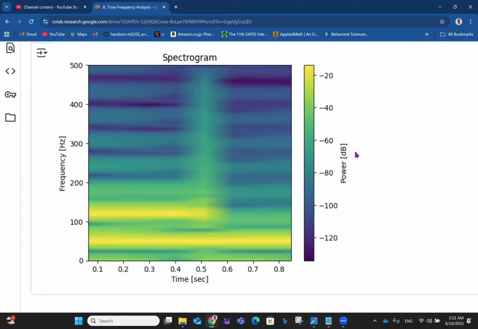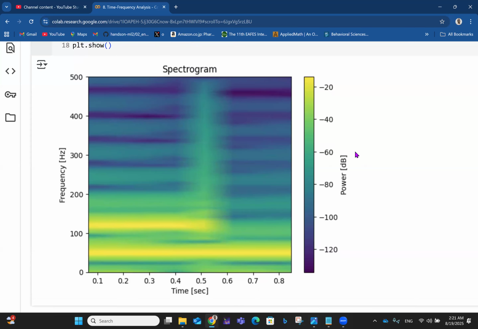So the areas of strength are the brighter ones, while areas of weakness are the darker sides. So the brighter, the stronger. That's the idea here: the spectrogram represents the time-frequency combination.